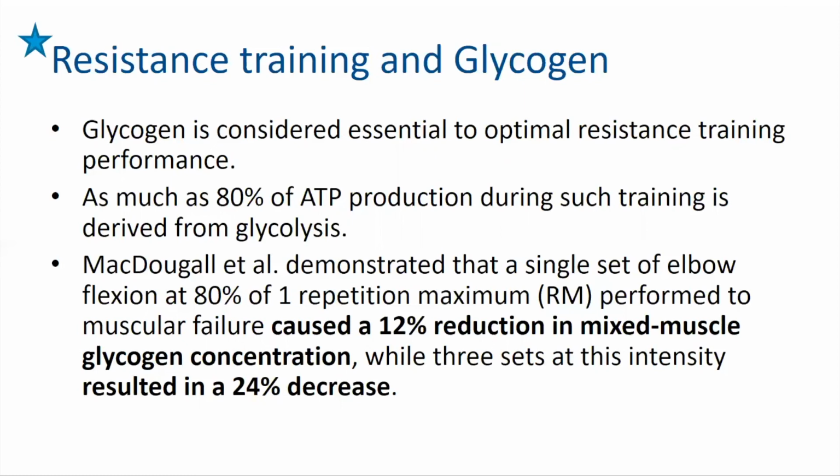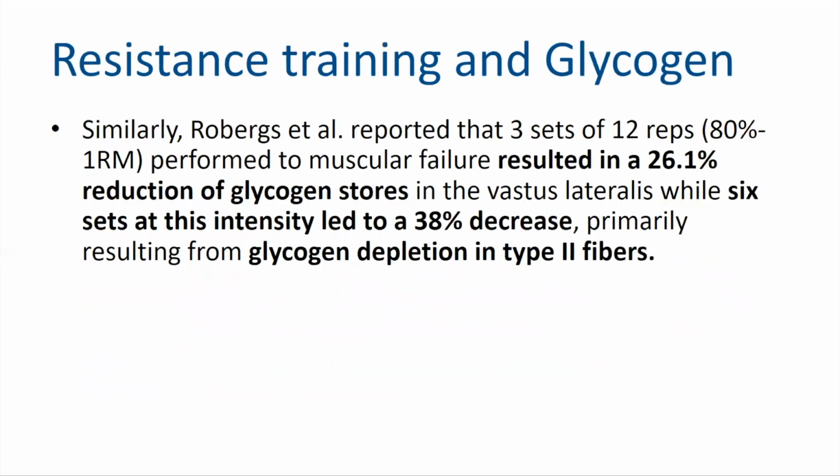In this one study, they showed that a single set of bicep curls or elbow flexion at 80% of 1 RM up until muscular failure caused a 12% reduction in glycogen concentration. Note that they went to muscular failure, indicating that volitional fatigue was reached, indicating that the lack of fuel may have been the cause of fatigue.